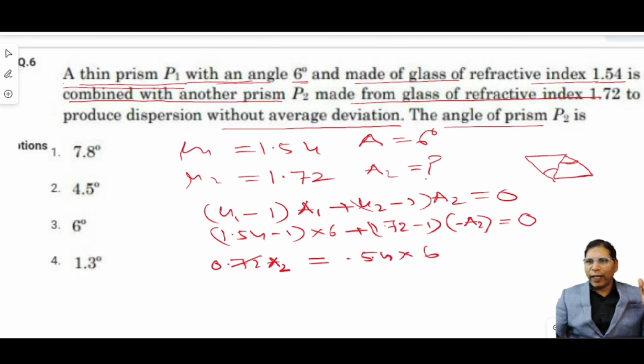Now this is 3 and this is 4. So A2 equals 18 by 4, so this is 4.5.